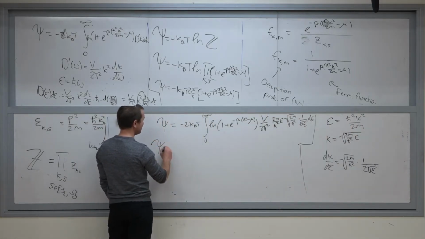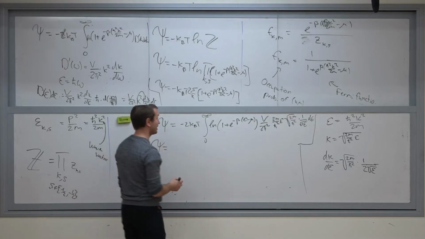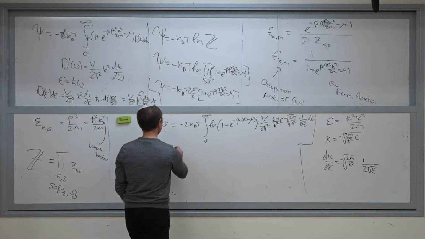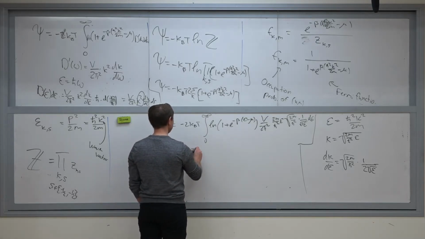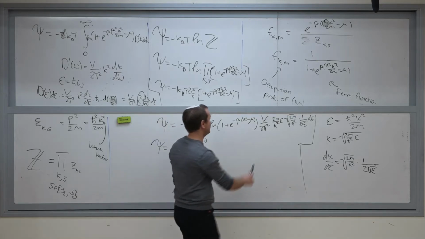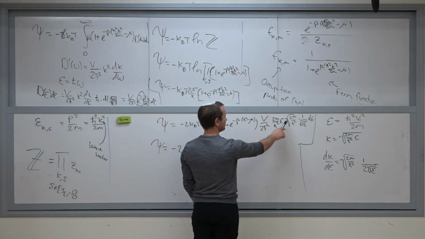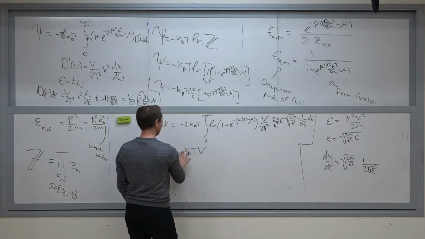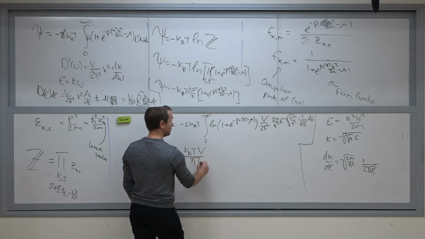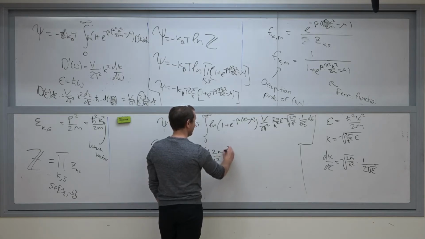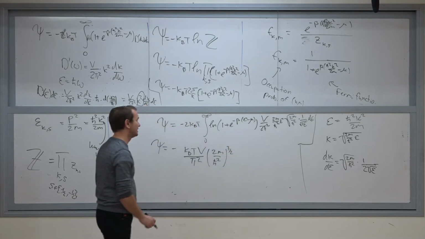So what we are left with is, let's take everything that we can out, which means minus 2 k Boltzmann T. We have V. Here we have 2m over h bar squared, so we neglect this, divided by pi squared. We have 2m divided by h bar squared to the power 3/2.